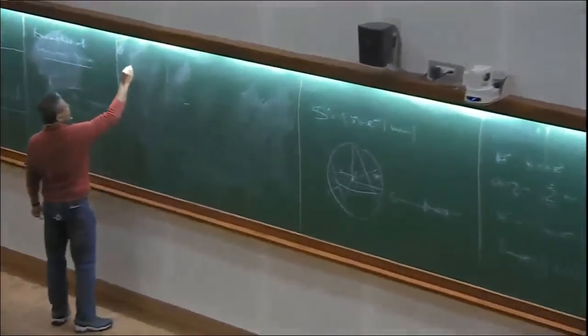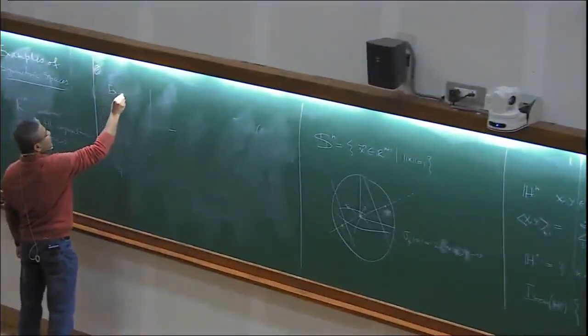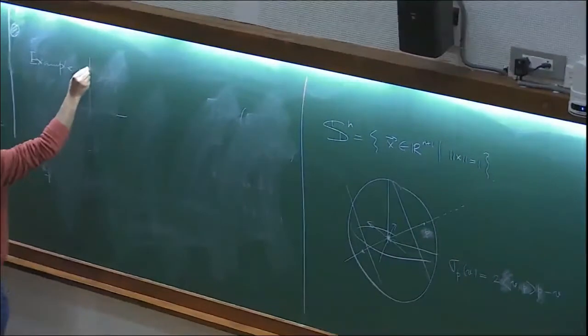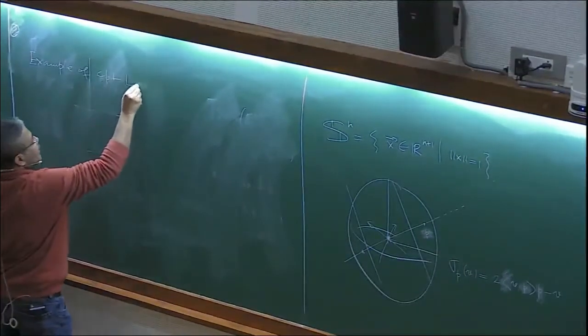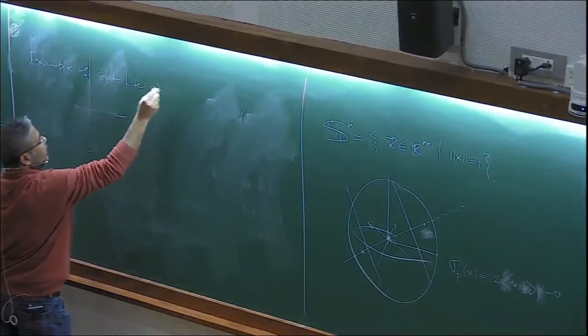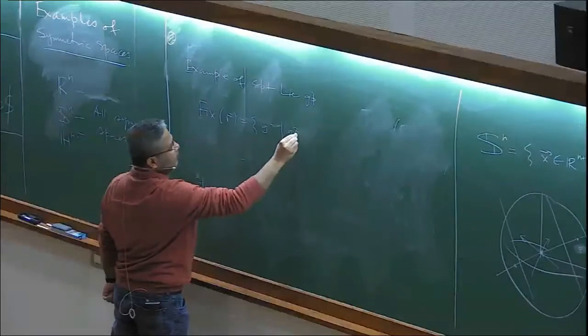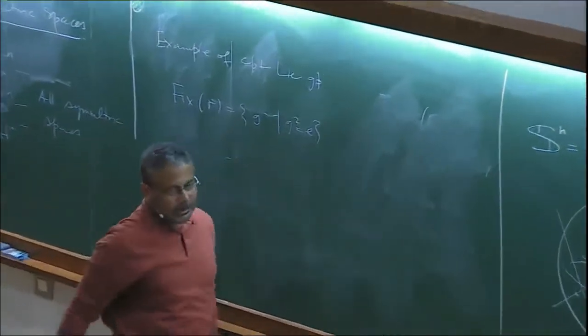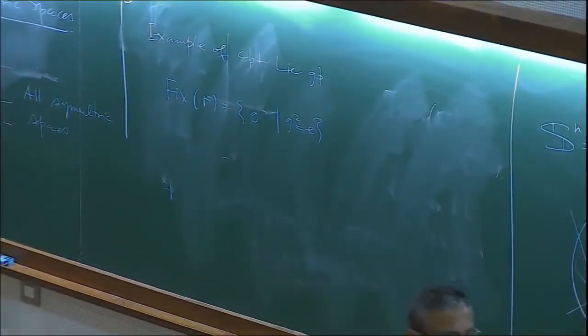So in the example of a compact Lie group, you can produce a compact Lie group for which this is not a discrete set.